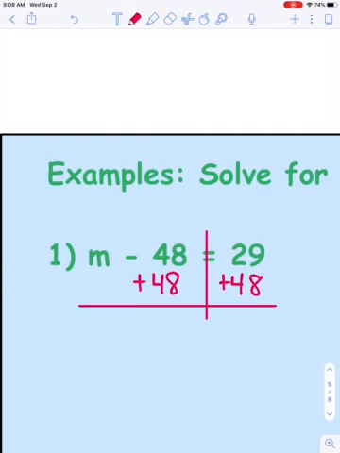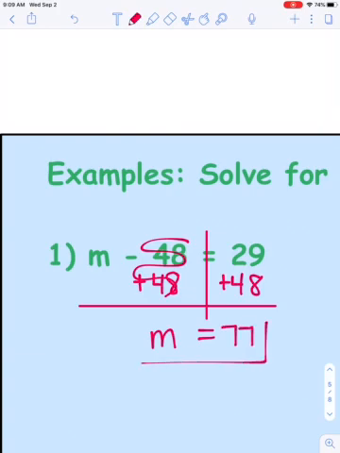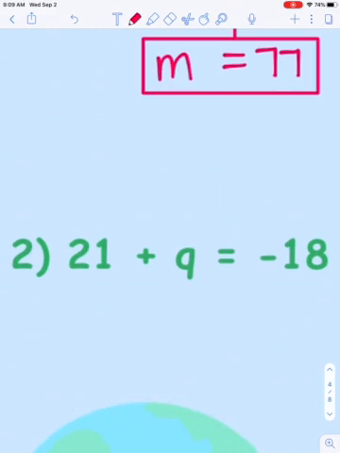And when you do that, on the left, negative 48 plus 48 is 0. So it cancels, which is the goal, right? We want to get it by itself. All that leaves us with is m equals. On the right-hand side, you just have to add 29 and 48, which gives you 77. And then you're done. Okay, we're only doing one-step equations and we're only doing addition and subtraction today. So it should be relatively simple.